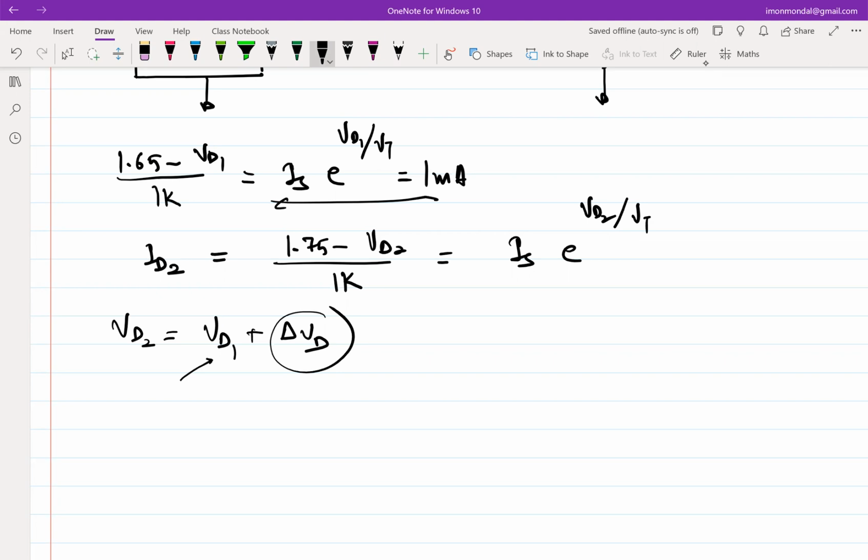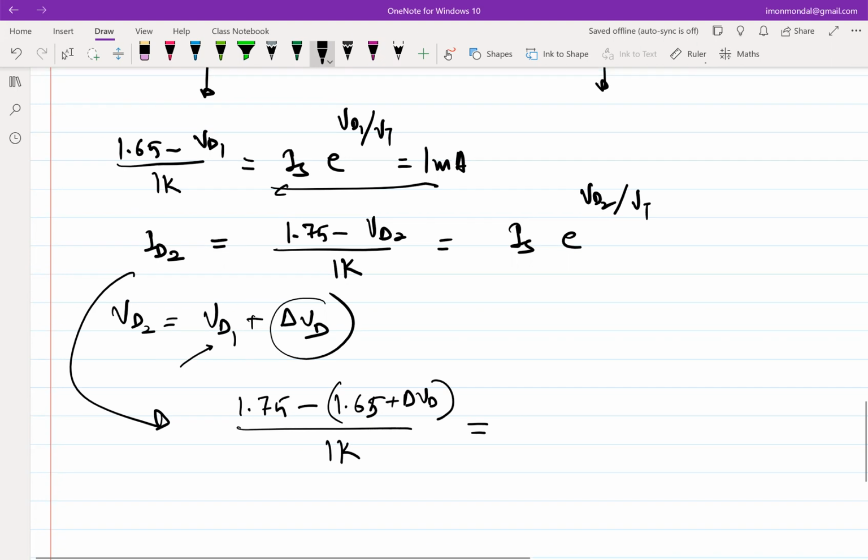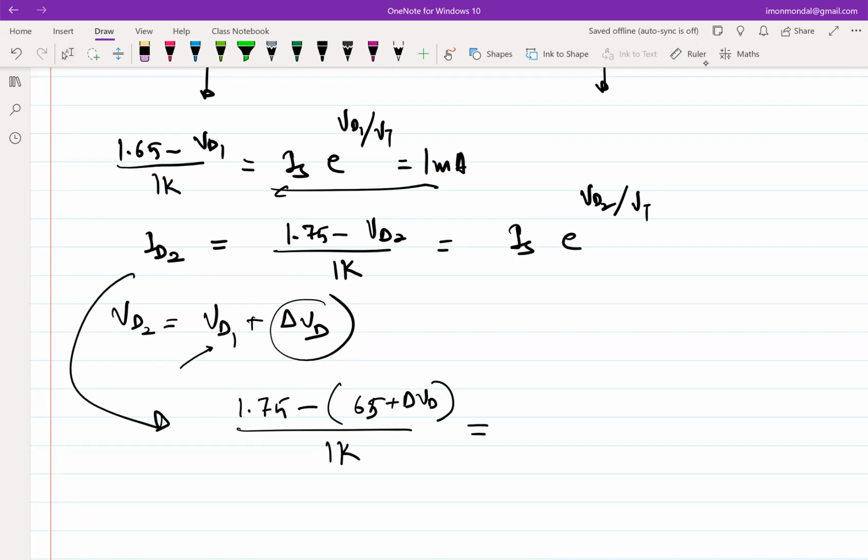So if I replace here, you get 1.75 minus 1.65 plus delta VD by 1K, which will be equal to IS e power 0.65 plus delta VD by VT.